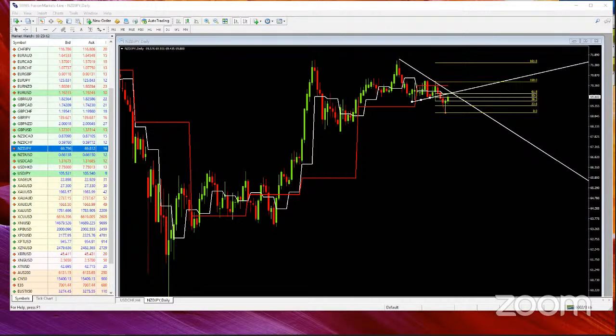FTSE's taking a bit of a cruise to the downside currently. Just checking out this FTSE here.